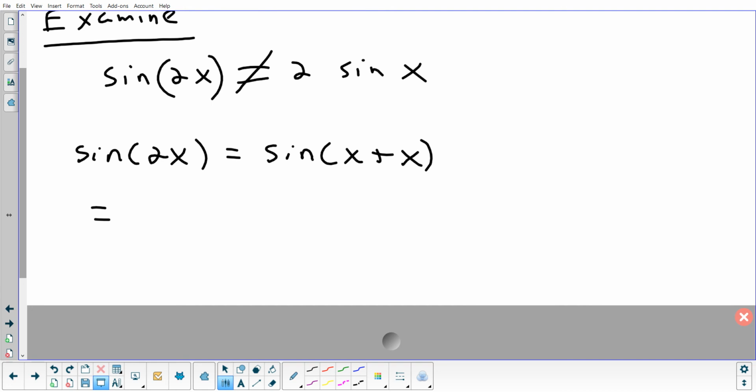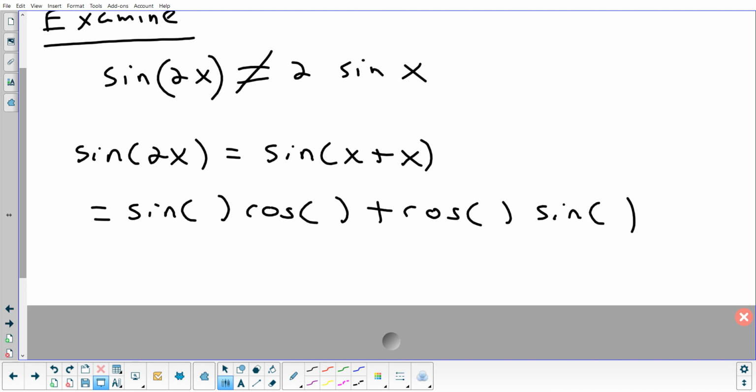Sine sum, Ashley? It would be sine cosine plus cosine sine. Yep. So sine, cosine, sine. Yep. And you're putting a plus between them. And what are we going to fill in for my first argument? Yep. X. Second argument? X. So x, it's actually the same thing.